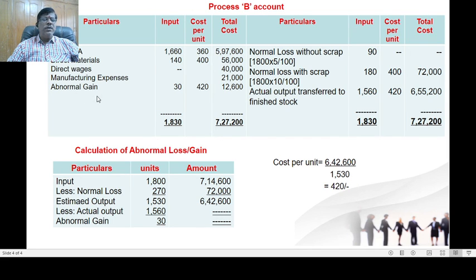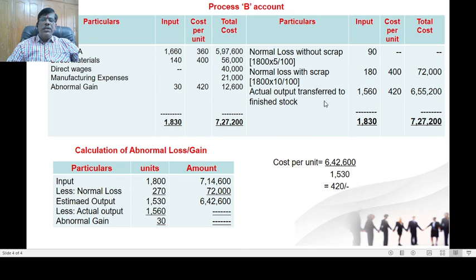You multiply this with the abnormal loss or gain. In this problem, process B has a 30 units gain at 420 per unit. You multiply this figure, and you will get the abnormal gain value.